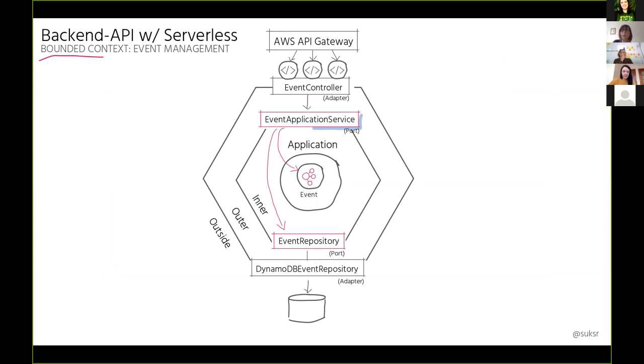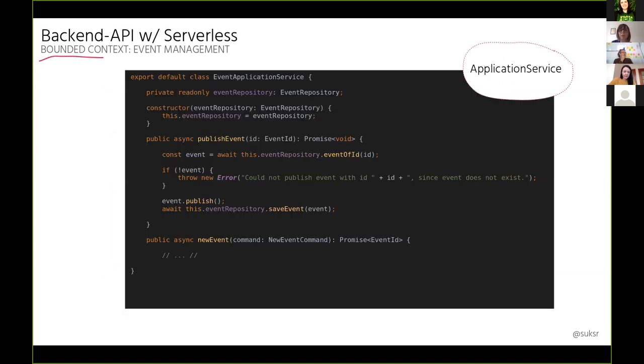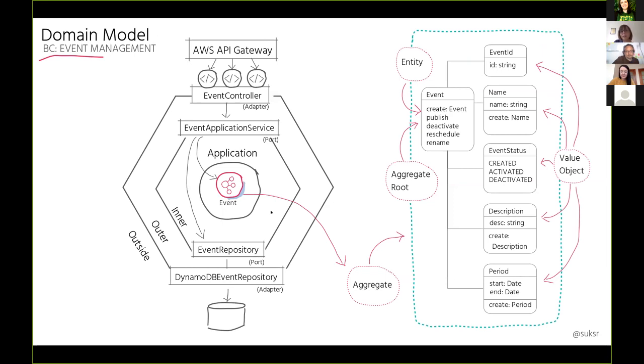The source code of this could look like this: we are loading the event aggregate from the underlying storage mechanism using the event repository, executing the aggregate's publish method, and then making a state change and saving the state change to the underlying storage mechanism.